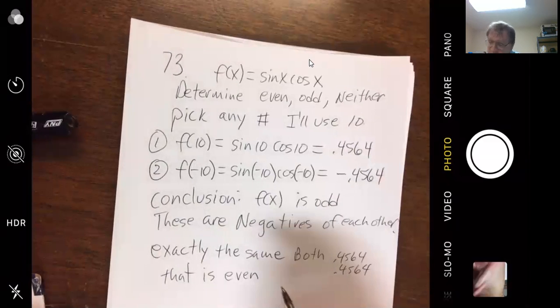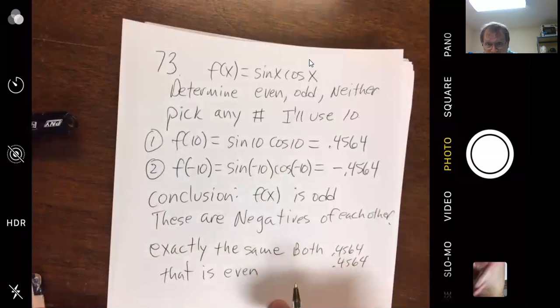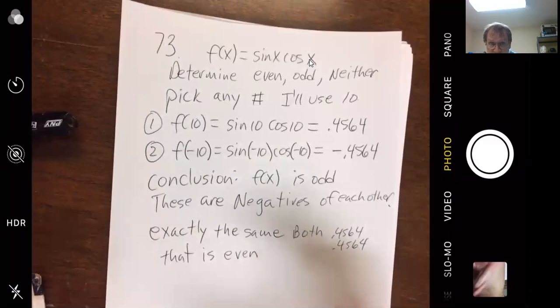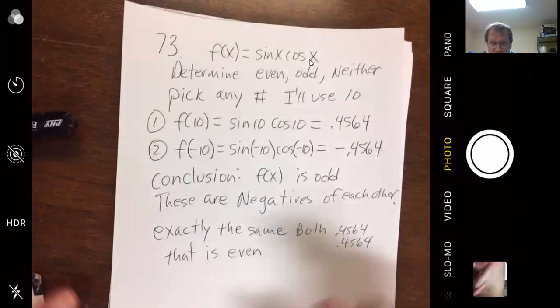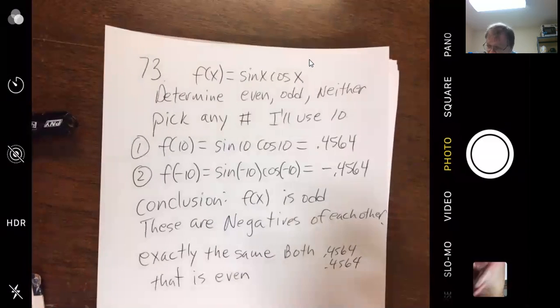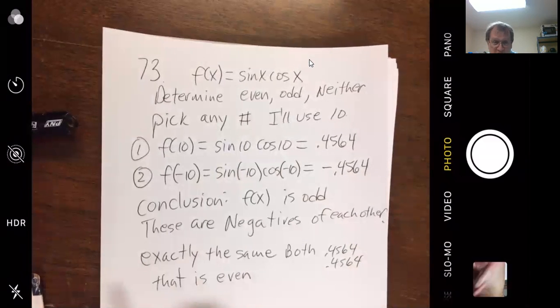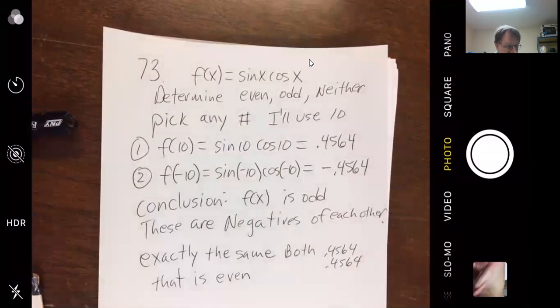If neither of those things happen, it's neither. That to me is the easiest way to determine it. You could also look at a graph if you know about graphs, but they have not shown you the graphs, so I don't like to jump ahead to that.